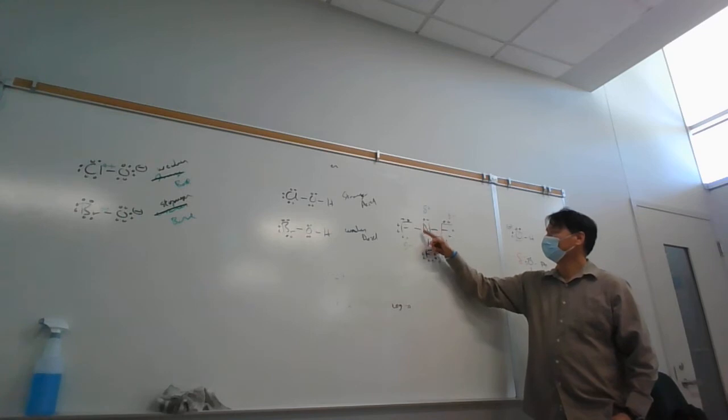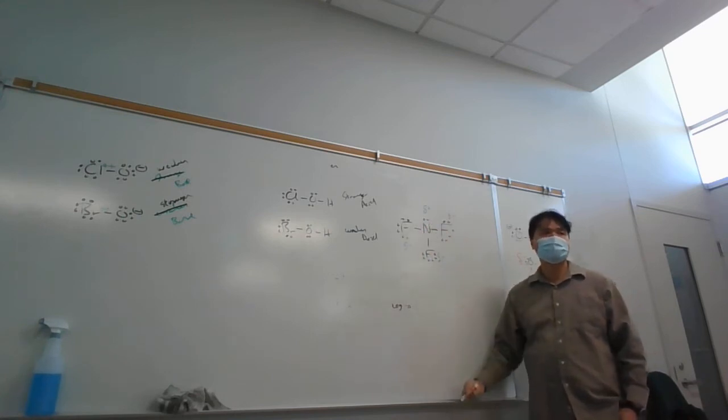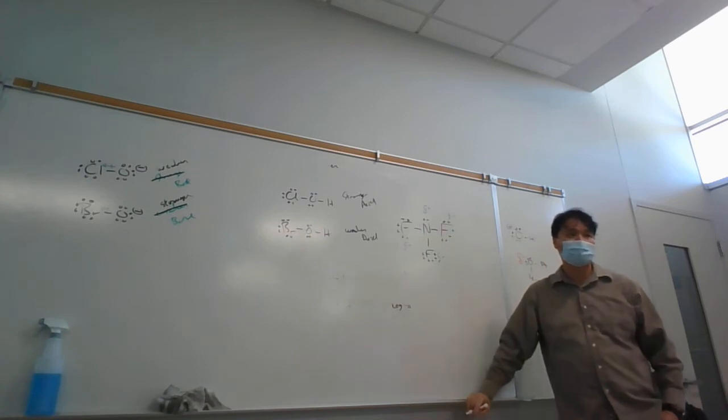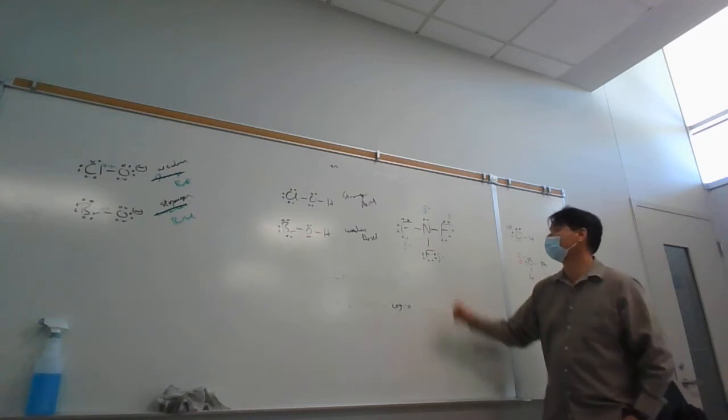Well, it's got 0, 0, 0, 2. So it's got 2 electrons. Nitrogen is supposed to have 5 electrons. So it's missing 3 electrons. Is it going to be +3 or -3? It's going to be +3.